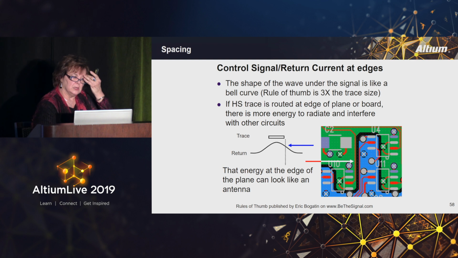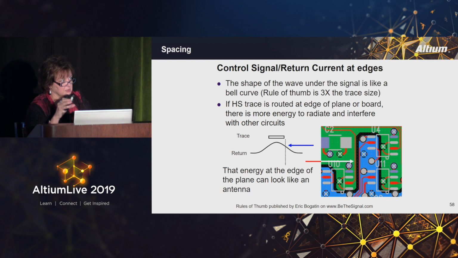Another thing that we need to be aware of is when we are dealing with high-speed signals or digital signals even, and I say that even because if we're just talking generic digital, it's not as high speed as high speed, and then not as high speed as very high speed.